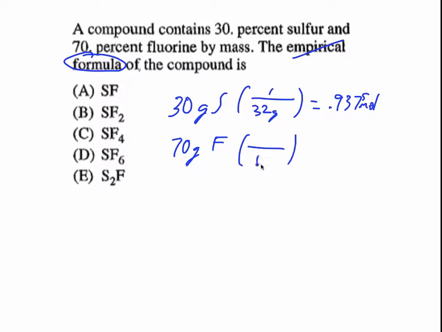And 19 grams per every 1 mole of fluorine. And that's going to yield 3.684 moles. And usually with a problem like this, I don't round until the very end.